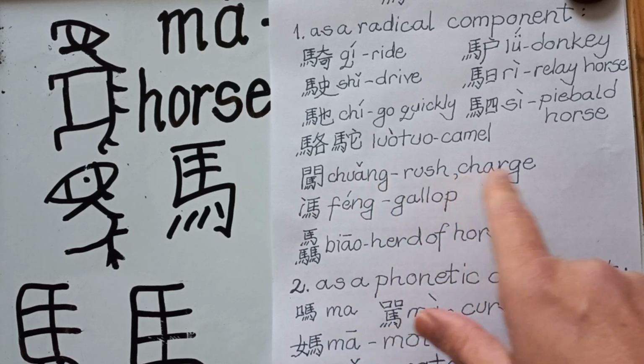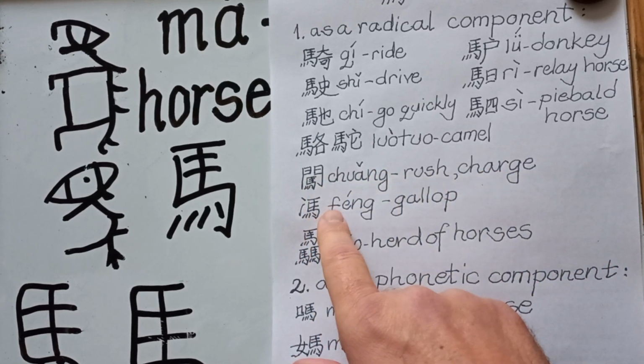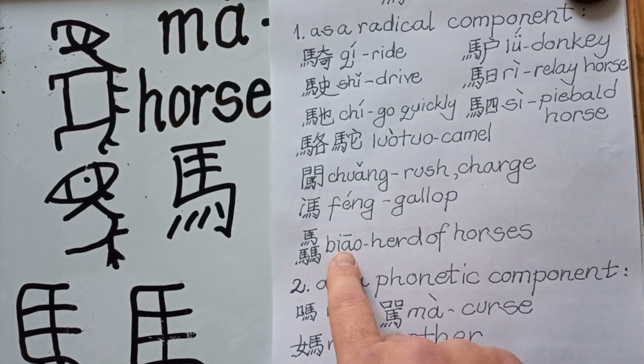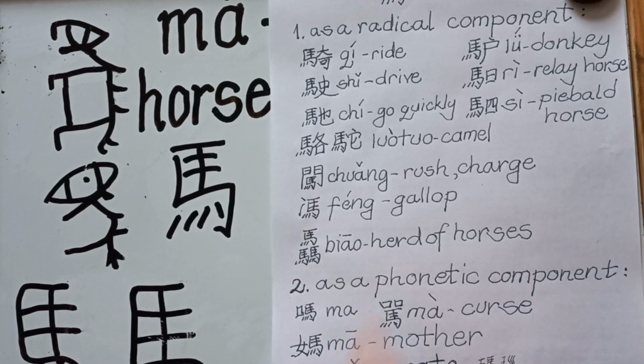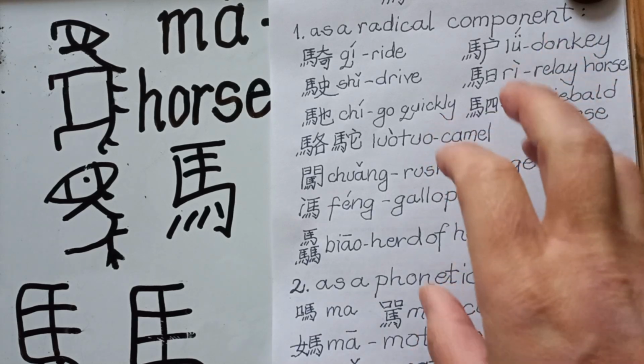Chuang, rush or charge. Feng, to gallop. And biao, herd of horses.